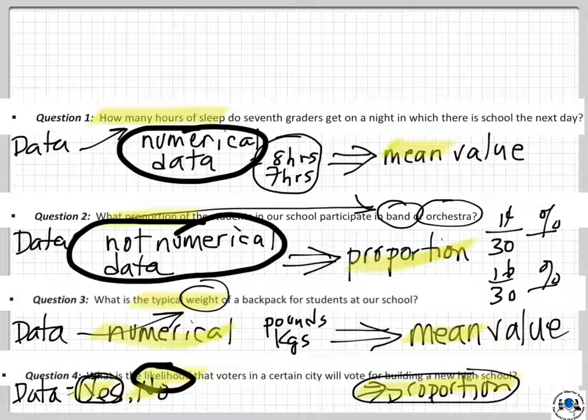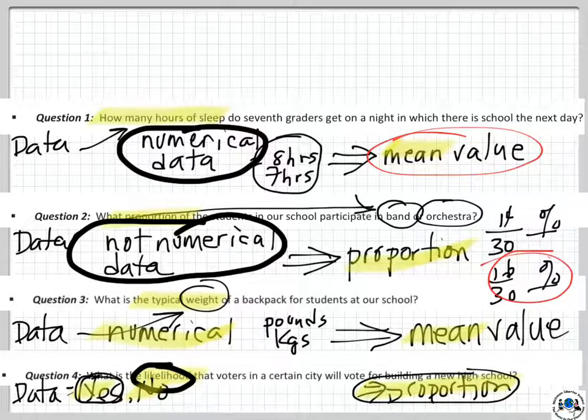Now, in the end, as you can see here, it's numerical. This mean value is an average, and the proportion is a percentage, in a sense. So there are numbers involved, of course, but when it comes to the data that's collected, it is either numerical or not numerical.